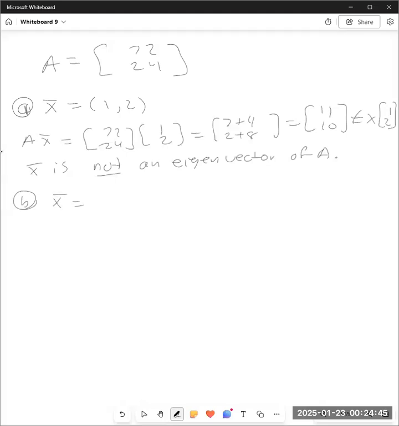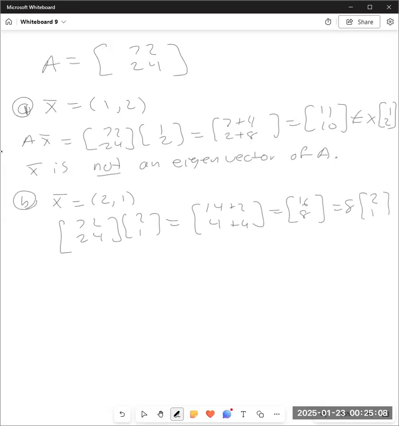Second vector we're testing is 2, 1. So 7, 2, 2, 4 times 2, 1. That's 14 plus 2. That's 4 plus 4. That's 16 and 8. That's 8 times 2, 1.